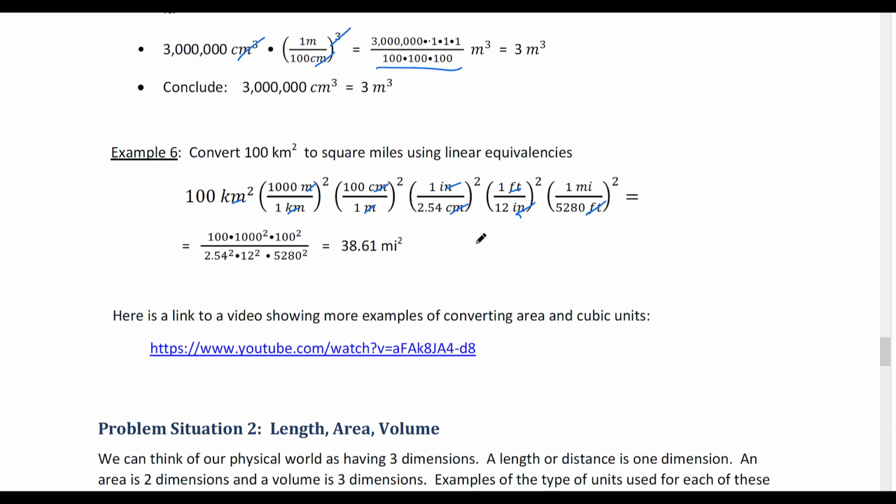I don't know why they didn't just do 100 kilometers squared times 0.62 miles over 1 kilometer squared. They probably did that because there's a lot of round-off error in this process.